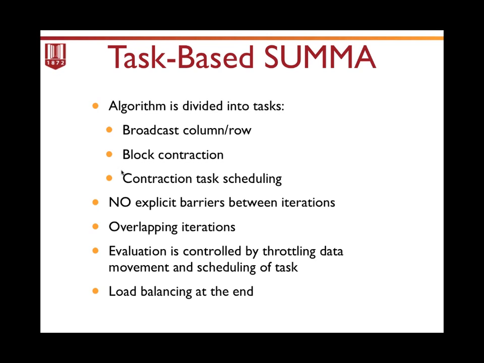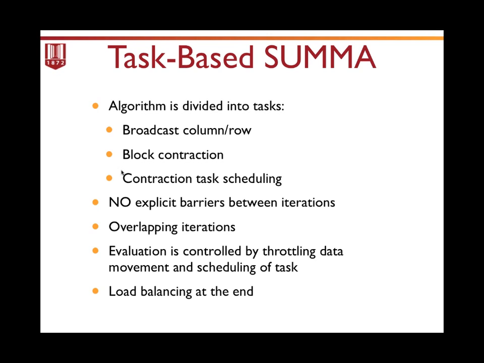So if you're computing K2 and then K3 isn't present for that particular node, then you just skip that and go on to K4. So you can have multiple iterations of K being computed simultaneously on one node and on different nodes. And this is possible because we've broken up the tasks into their basic components.